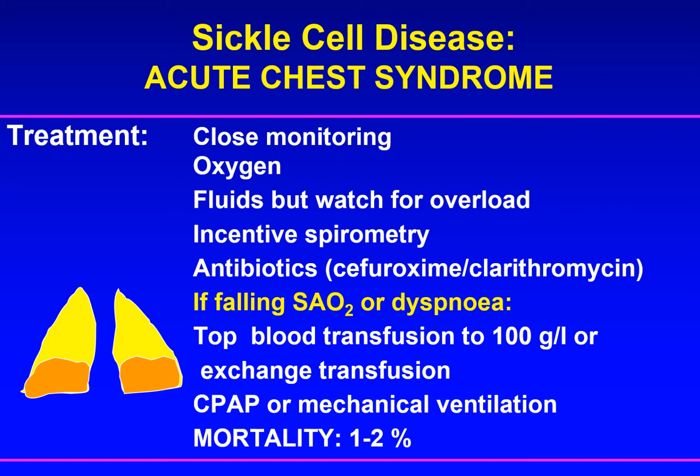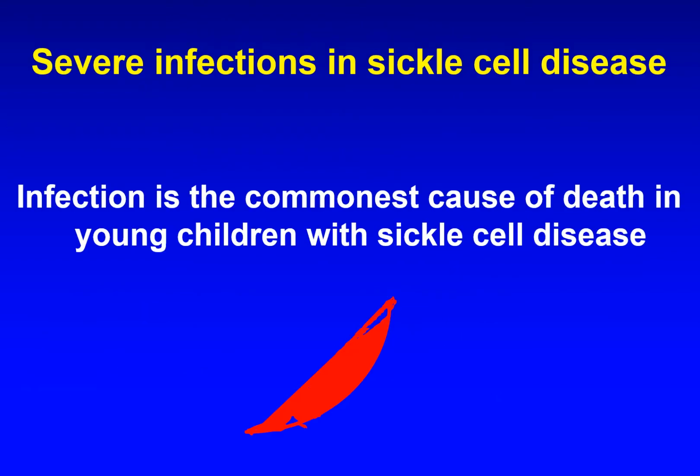This has to be done in children on the high dependency unit, and really we want to avoid ventilation if possible, because these children will sometimes take longer to extubate. If they're very inflammatory, it may result in not being able to extubate them and them getting worse.